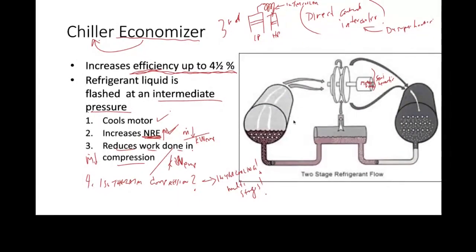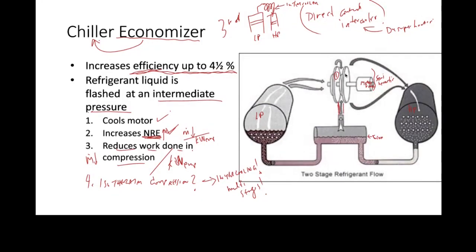So let's take a look at where this economizer fits. This is it right here, the economizer. And here we've got our low pressure evaporator. Here we've got our high pressure condenser, and the economizer has a pipe that goes in between the 2 stages of compression.